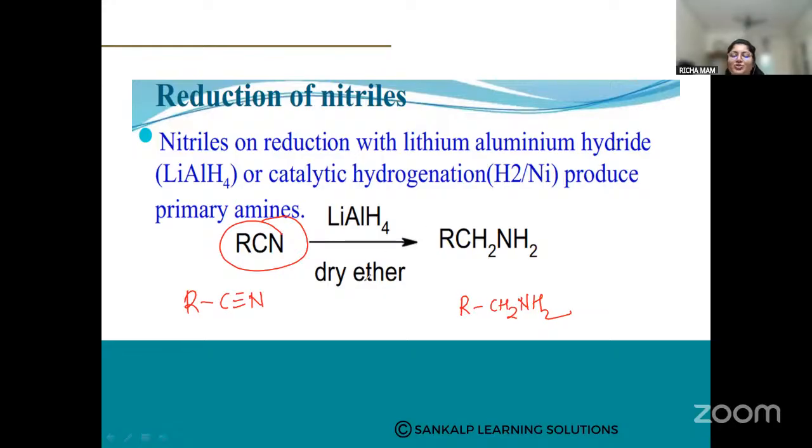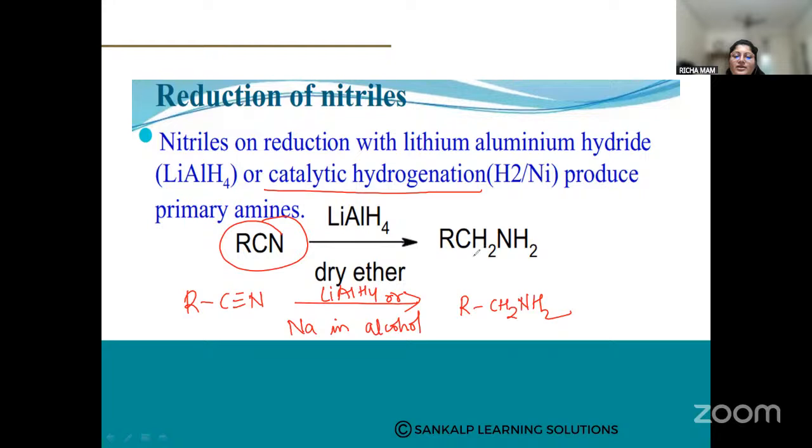This can be reduced to primary amine by using a strong reducing agent like lithium aluminum hydride, or sodium in alcohol, or you can also use catalytic hydrogenation.